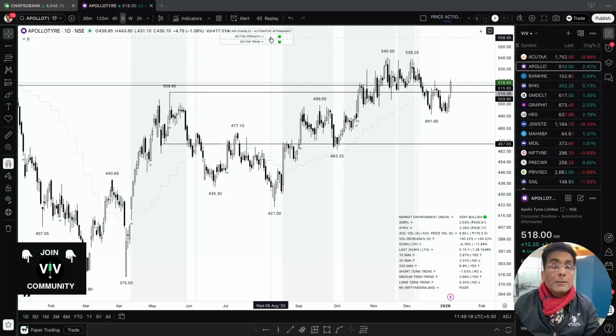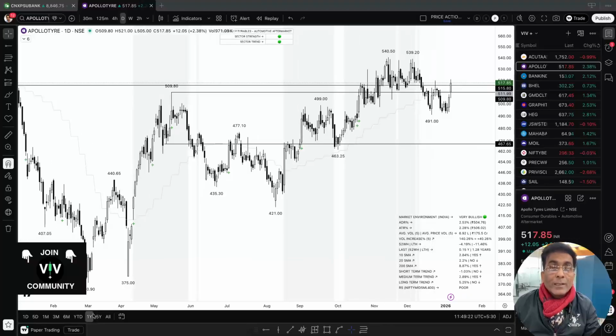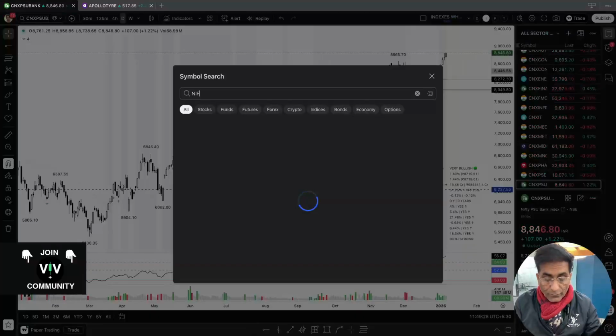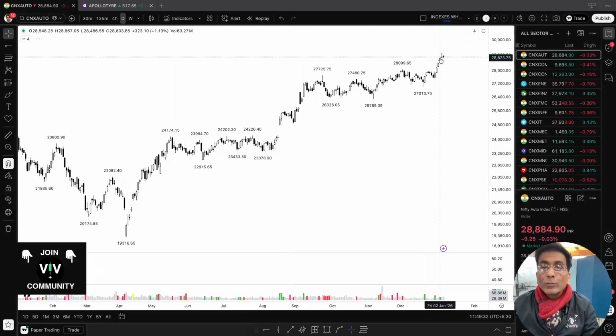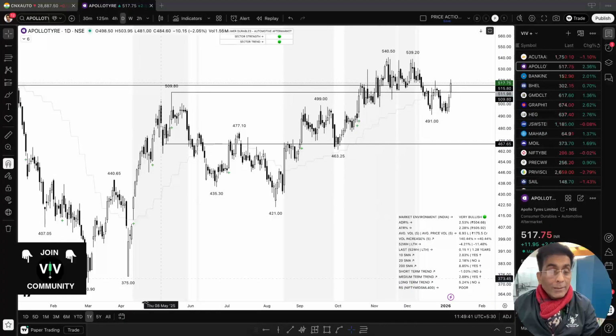Because if you see here, in Apollo Tyres also the sector is showing good strength. If I open Nifty Auto also, you can see that the sector is leading, and many stocks are coming out of the bases.